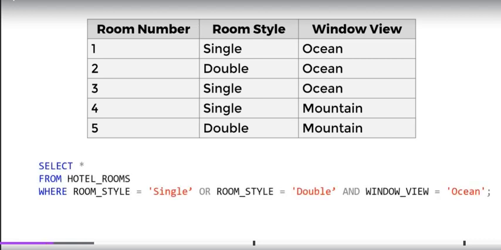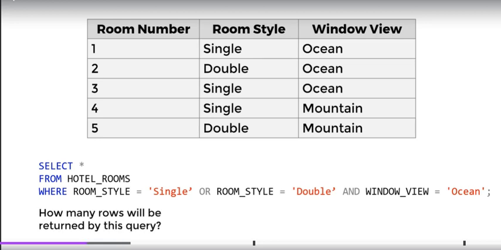Select from hotel rooms where room style is equal to single or room style is equal to double, and window view is equal to ocean. The room style can be single or double, either one, and the window view should be ocean. Which means the first 3 rows: single or double with an ocean window view. So by using this where condition, how many rows will this query return?